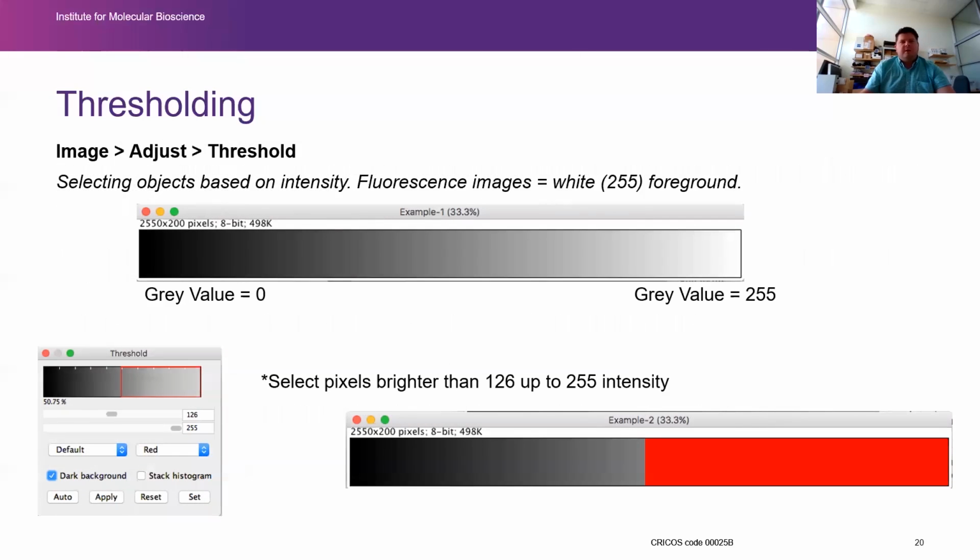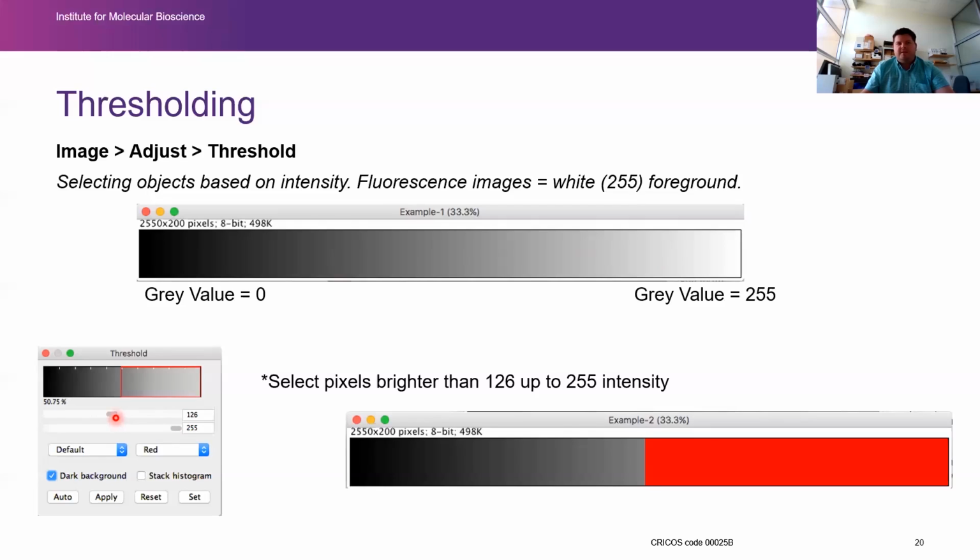Okay, so in practice, all it's doing is selecting pixels of a certain value. And so here I've made a gradient image where it goes from 0 to 255. And I've done image adjust threshold and got this little pop-up. And I can move these two sliders to pick things within the range.